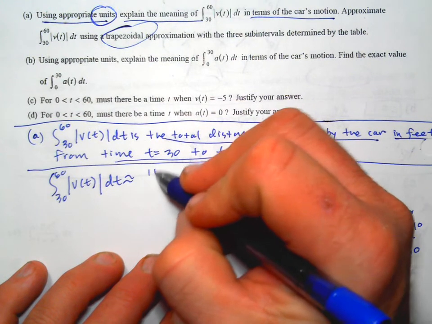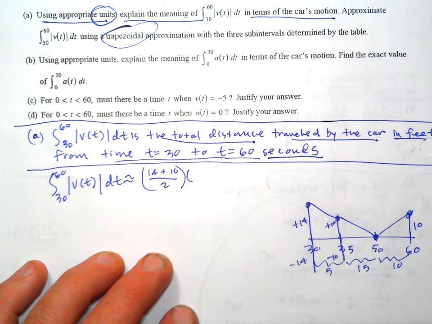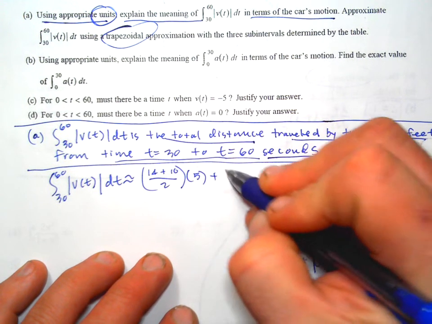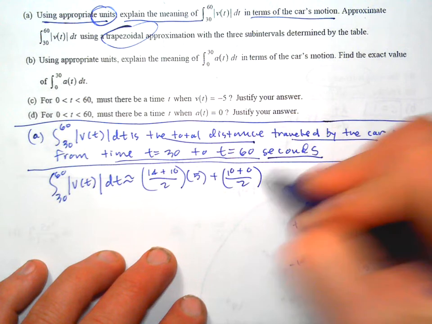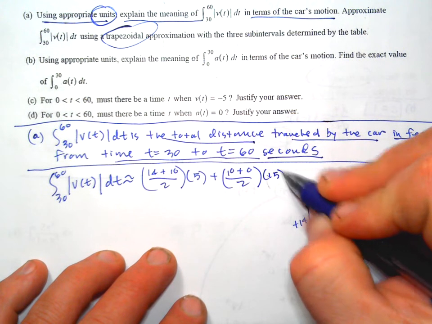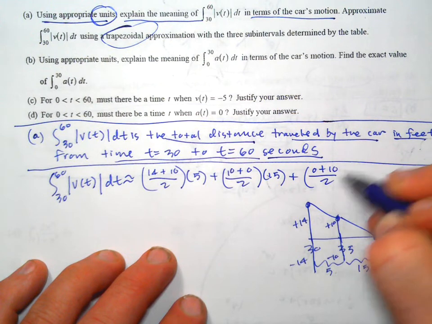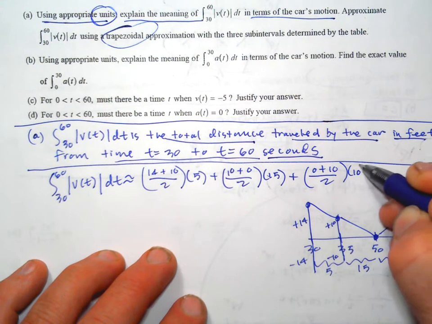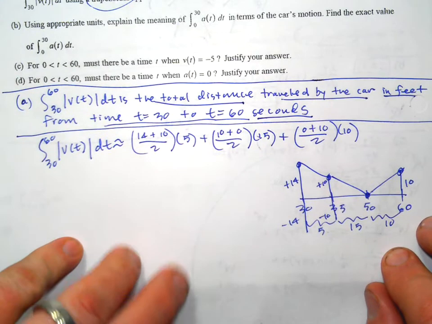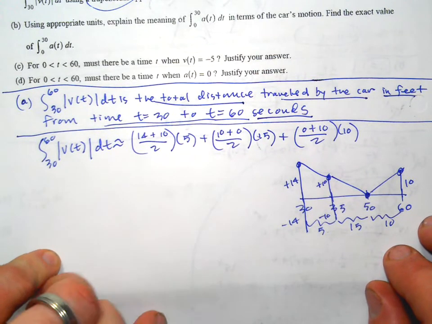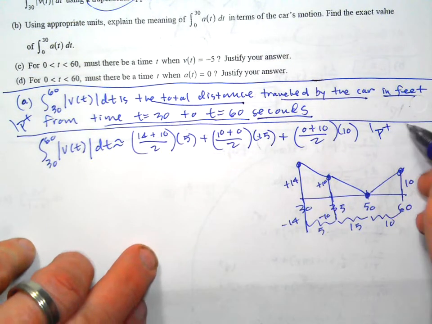So 14 plus 10 divided by 2 times the base, plus average of the bases, 10 plus 0 divided by 2 times the base, plus average of the bases, 0 plus 10 over 2 times 10. Show that work, just to make sure. That's usually a point right there. This is probably a point. This is probably a point, and then your final answer is going to be a point.